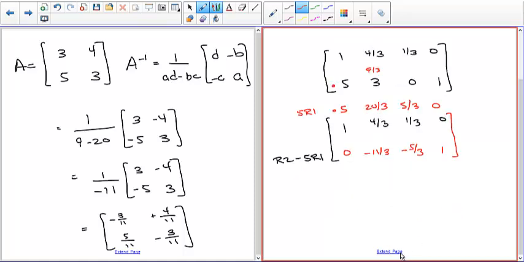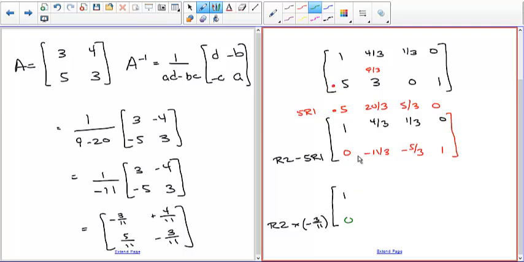Okay, next. What you're going to do is, you want to get a 1 here. So all we're going to do is take row 2 and multiply by negative 3/11. Because if we multiply negative 11/3 by negative 3/11, it'll become 1, and that's the goal here. So 0 times this is 0. 0 times that is 0.